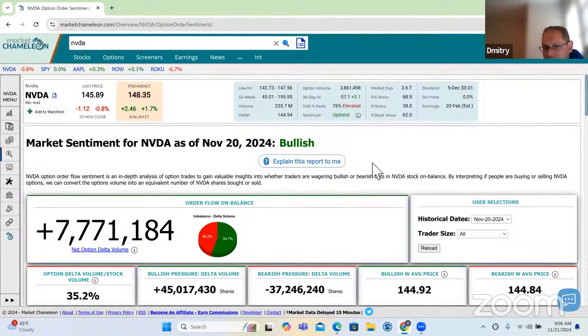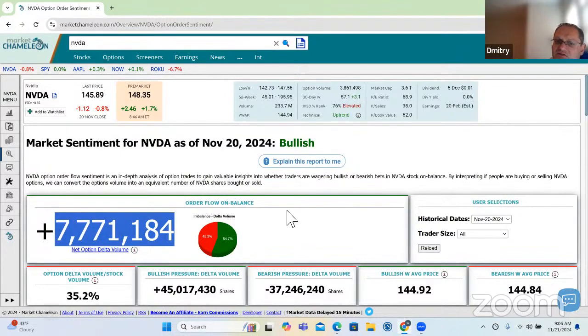Selling a put would be a positive delta. So then we have these deltas, and if we aggregate them, that's what this is. We can get a sense of how the order flow is looking in this particular stock.